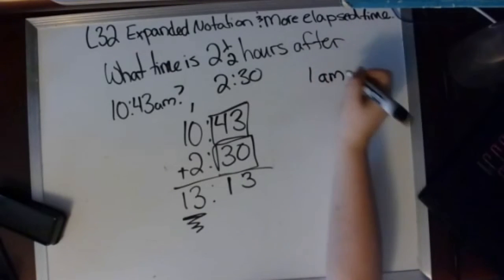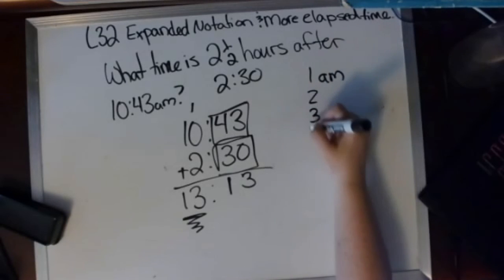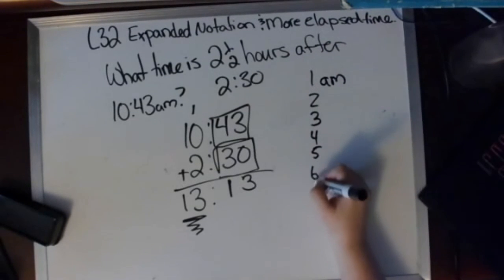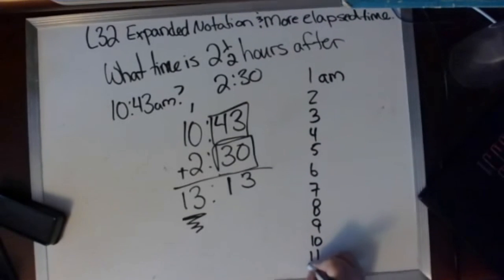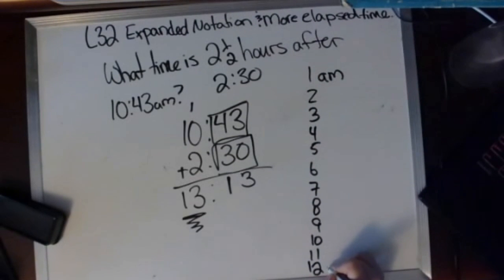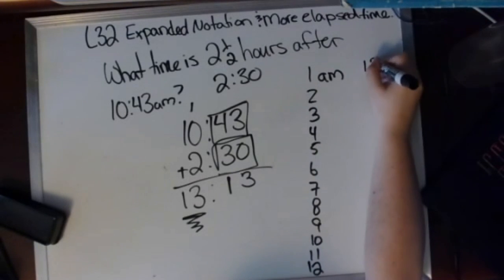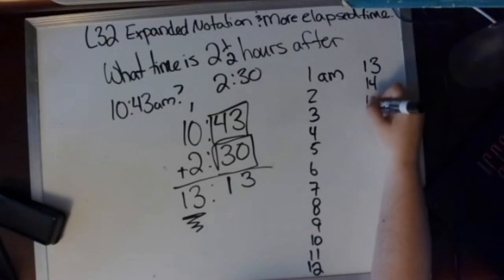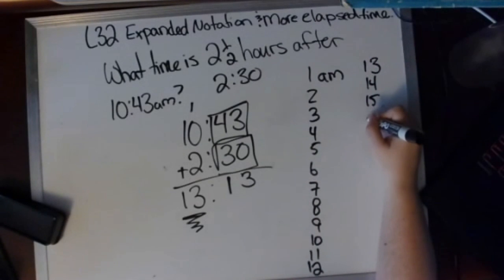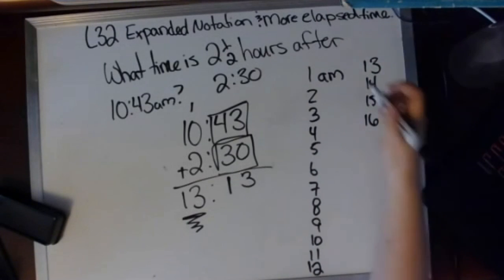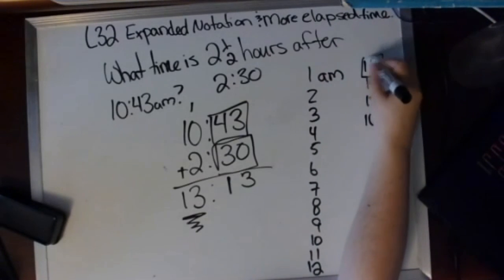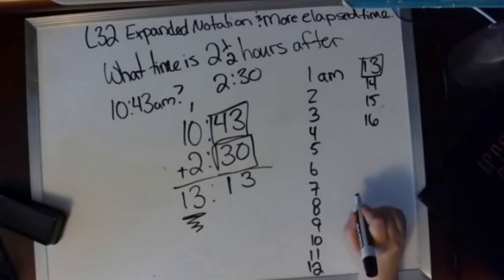This is AM, and it goes to 2, 3, 4, 5, 6, 7, 8, 9, 10, 11, 12. And then once it goes to 1 p.m., instead of saying 1, you go to 13, 14, 15, 16, on and on. So 1 p.m. is 13.